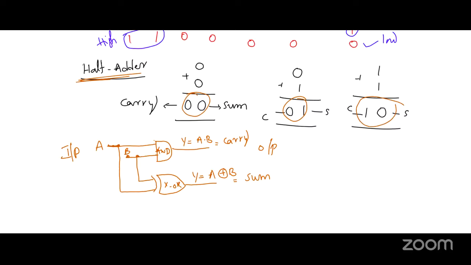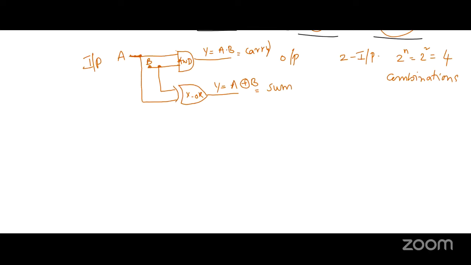So how many inputs are there? Two inputs are there. So the maximum number of combinations is four combinations. Okay. So while you are adding two bits, how does it give the output for the half adder?